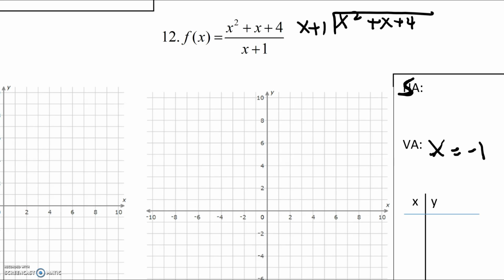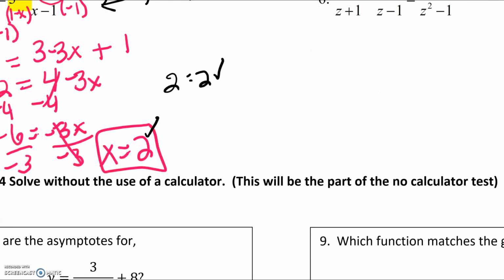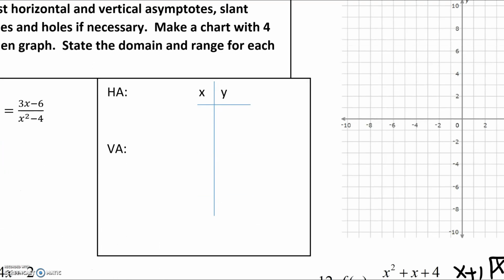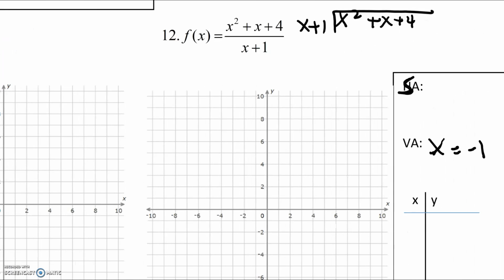Okay, always take your first value and divide it by the first value on the outside. So you're really thinking x squared divided by x, which is x. That's what goes on top up there.